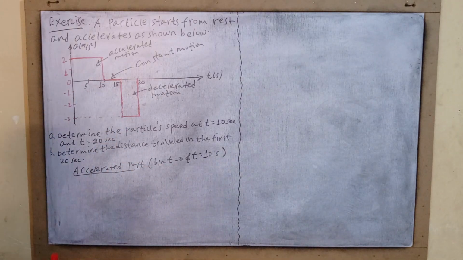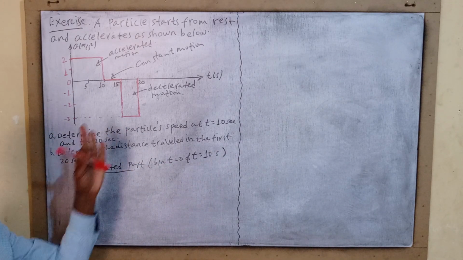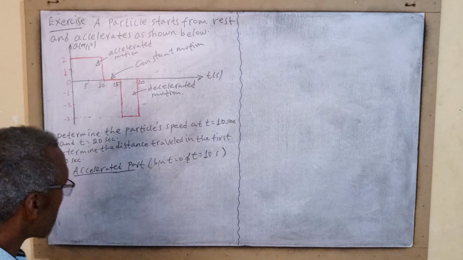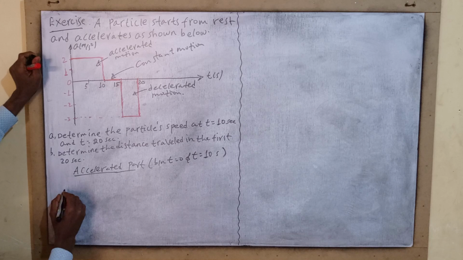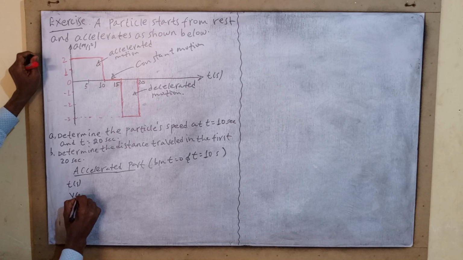In this part, the particle has an acceleration of 2 meters per second square. That means to find the speed at 10 seconds, let's say time axis, time in second, and velocity in meter per second.